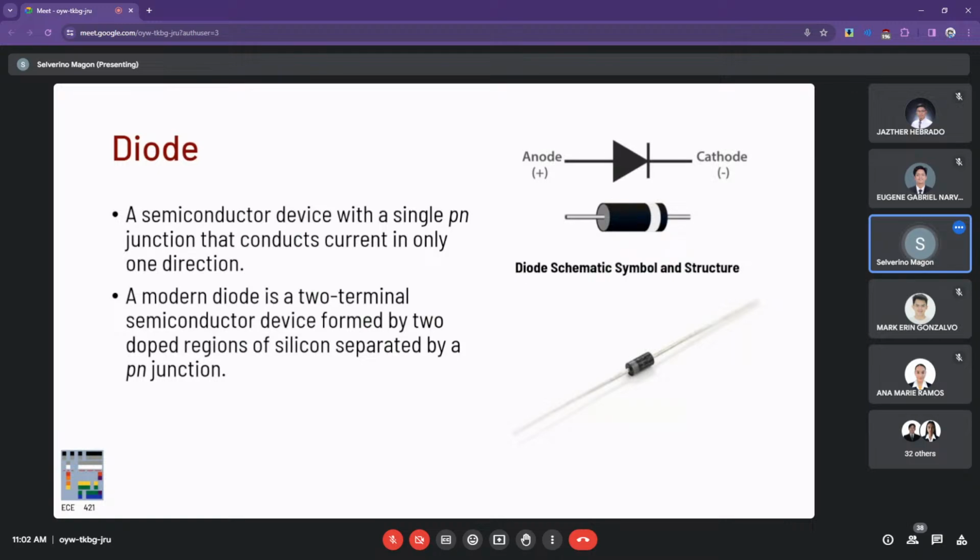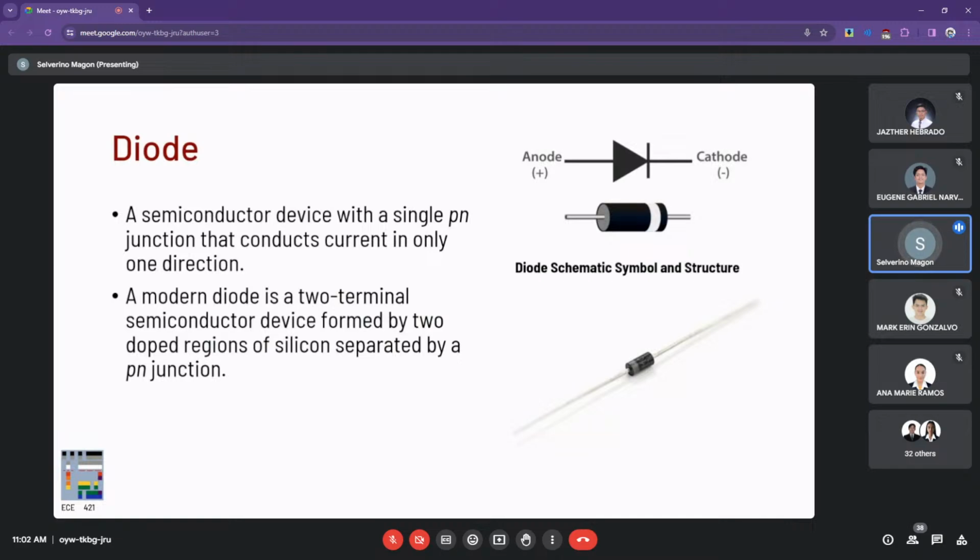Then if we attach two pins to the device, one connected to the P-type material and the other connected to the N-type material, we refer to the one connected to the P-type material as the anode, and the other one is the cathode. And here is the symbol before us and an actual physical device.